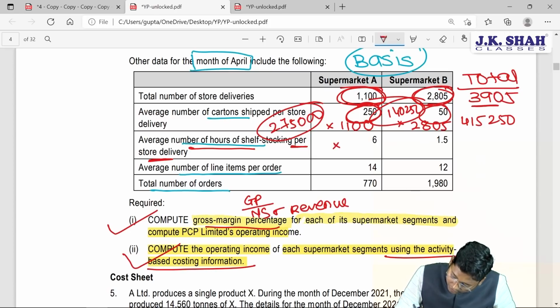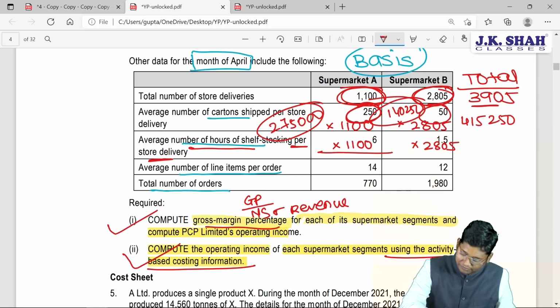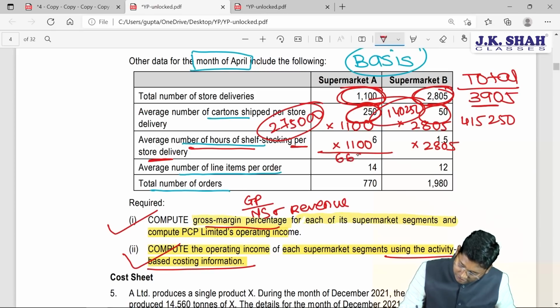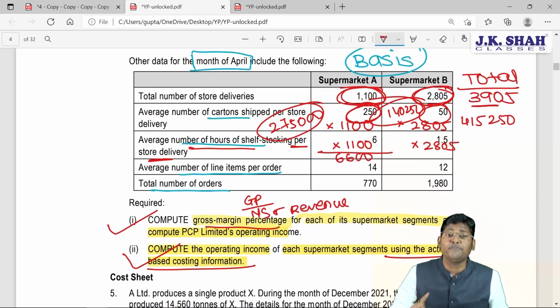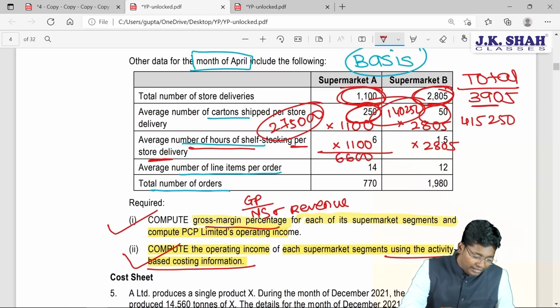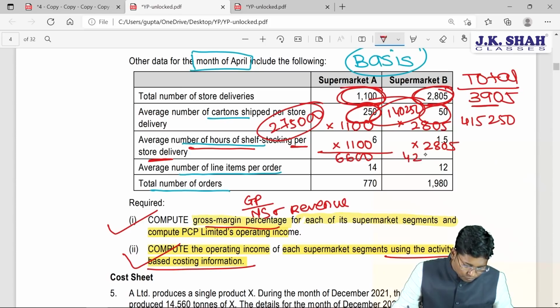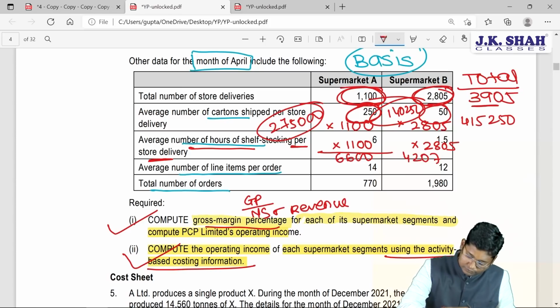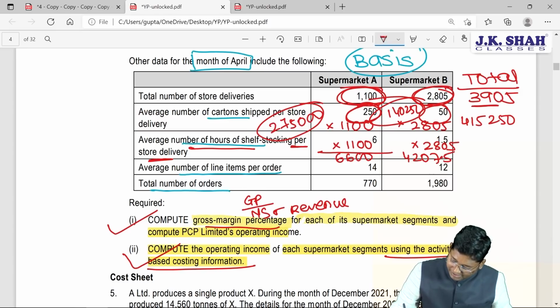So first you should convert them into total by considering the number of deliveries. 1100 into 6, so it is 6,600 hours required for all the deliveries, and 2805 multiplied by 1.5, 4207.5. This many hours are required.